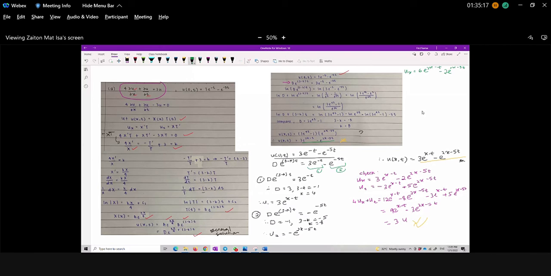For ut, it is minus 3e^(x-t), okay, please check my calculation because I'm writing quite small. Minus 3e^(x-t), and bringing ut forward, this becomes plus e^(2x-5t), with the 5 in front.